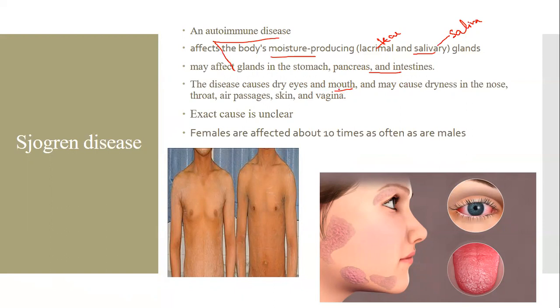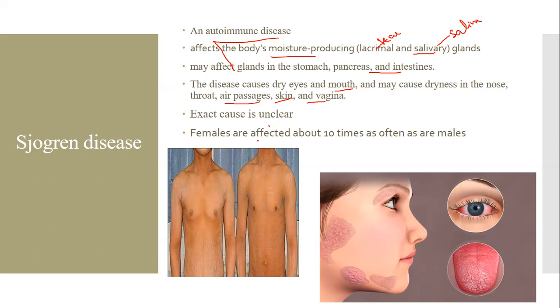If the patient is in a complicated stage, they will have severe, extreme dryness in every aspect of the body, like skin, vagina, nose. We can't identify any specific reason for Sjogren's syndrome, so the cause is unclear or idiopathic in nature.